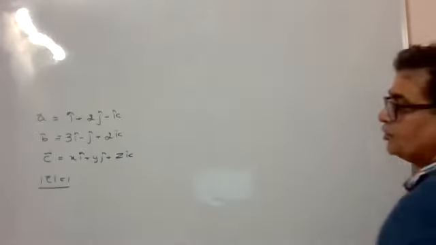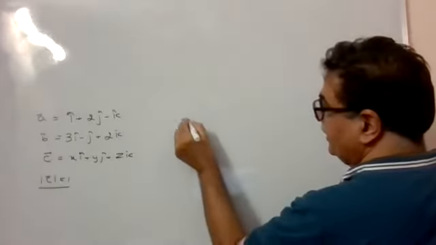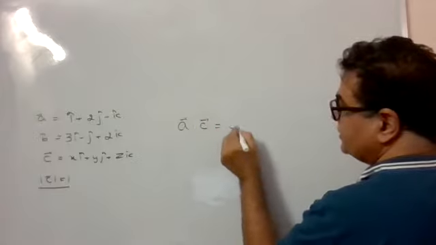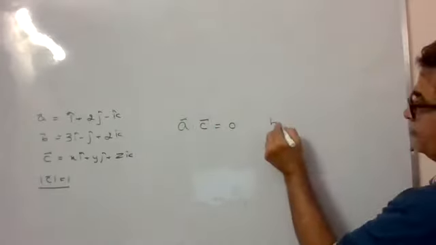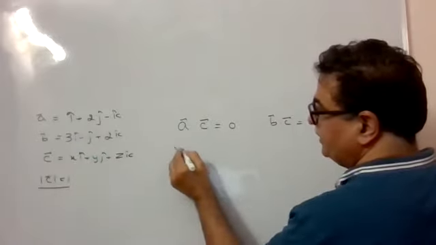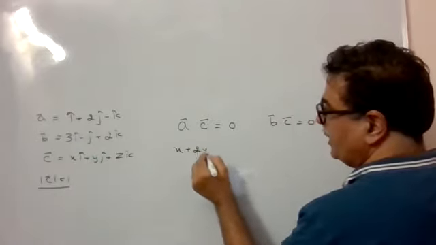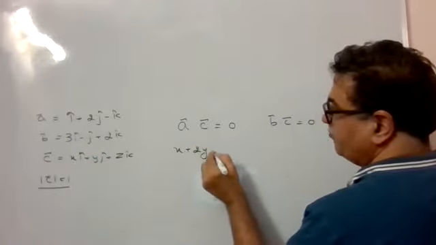So the first condition which you will get in this case will be A dot C should be 0. And at the same time we should have B dot C equal to 0. A dot C equal to 0 means it will be x plus 2y minus z equal to 0.